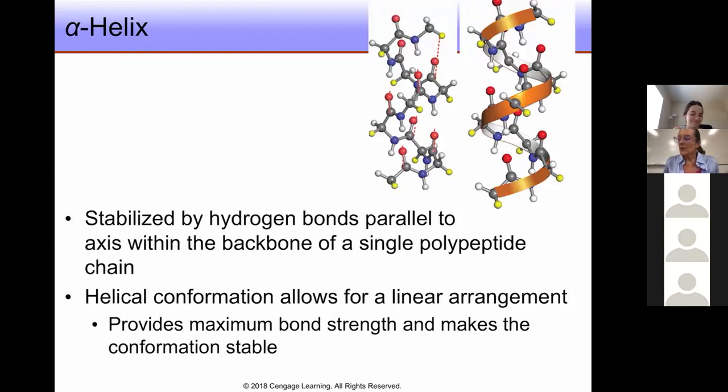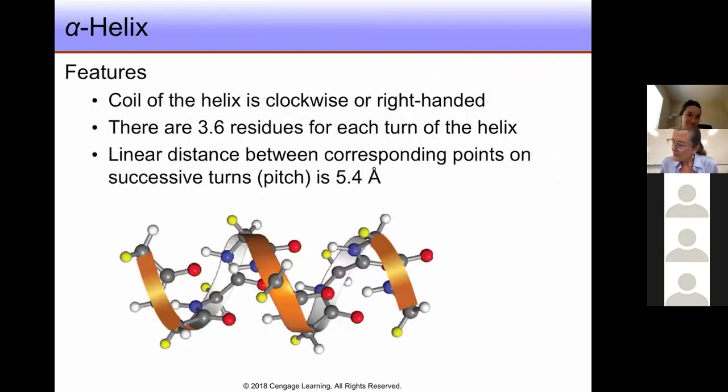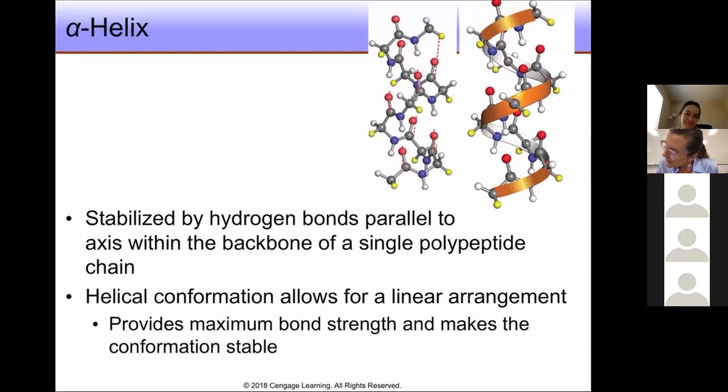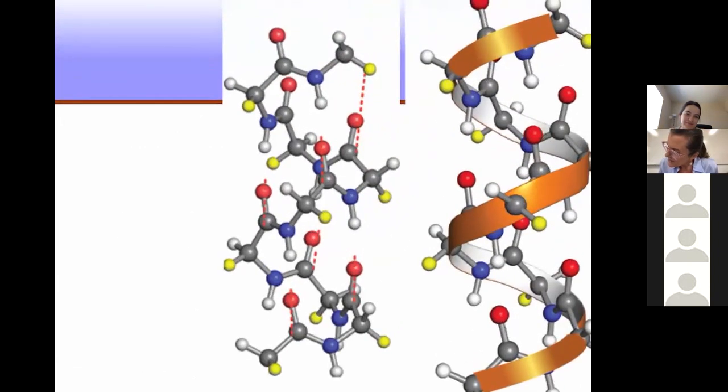So now we're looking again more at secondary structure. One of the options is the alpha helix, right? The alpha helix is stabilized by hydrogen bonds. If you can see here, in this structure, nitrogen is blue, oxygen is red.